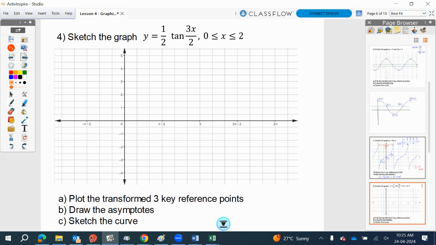Zero, ignore that for a second. You'll be allowed to use a calculator in the major. So that means maximum.